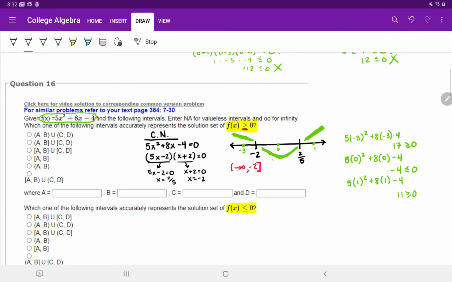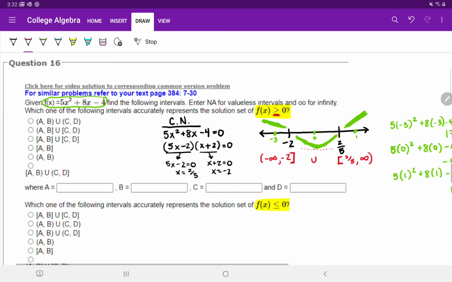Now, none of this next stuff is included because that's all below, but then we pick it back up at 2/5 all the way up to +infinity. So we're looking for parenthesis bracket, union, bracket parenthesis. So it's this one right here, this second option.